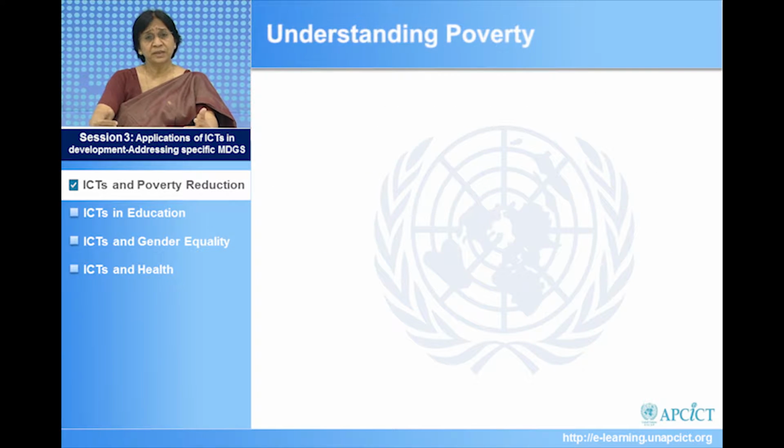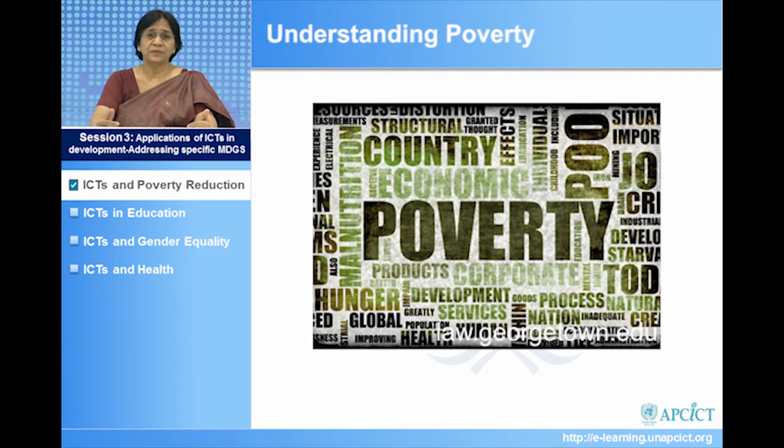What is poverty? Many of us have many definitions of how we understand poverty, and each one of us understands it in a different way. Sometimes we look in terms of economics, sometimes in terms of access, sometimes in terms of hunger.